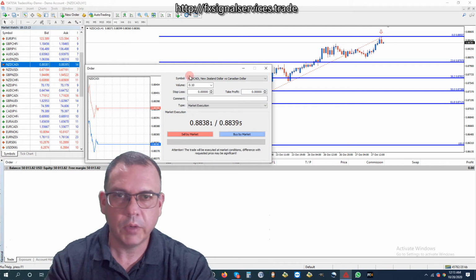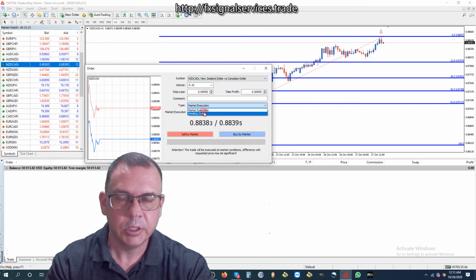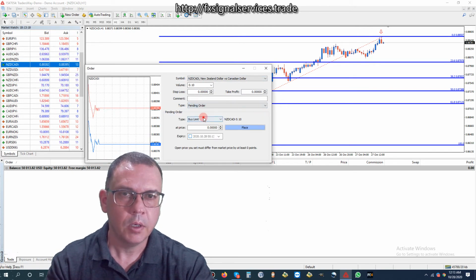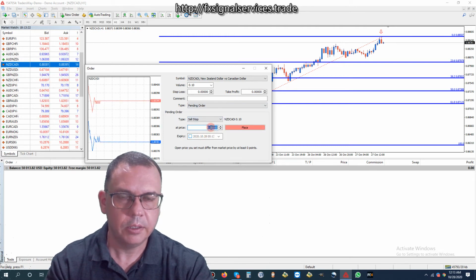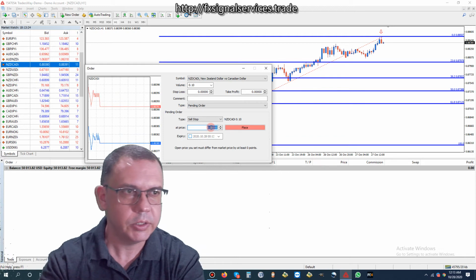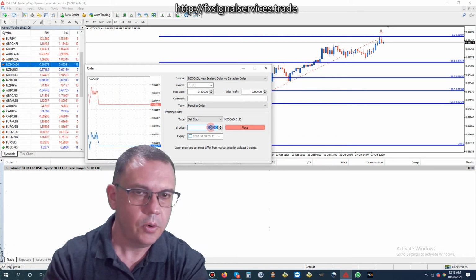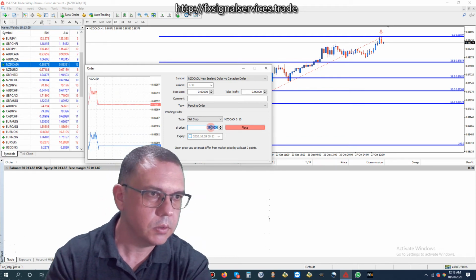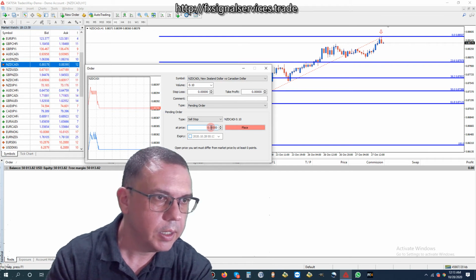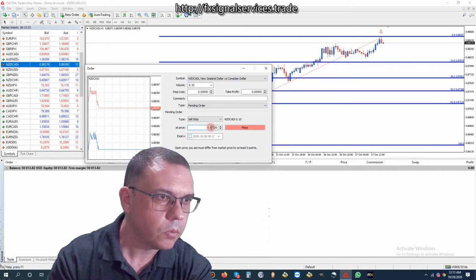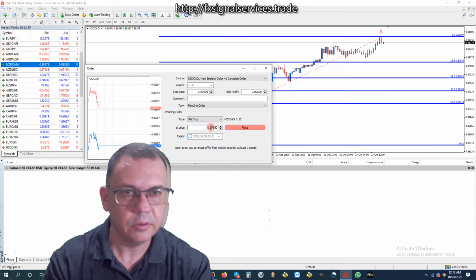So go in the new order right here, click on market execution, change that to pending order, and then right here choose sell stop. And then for the at price, we're going to put 0.87950.